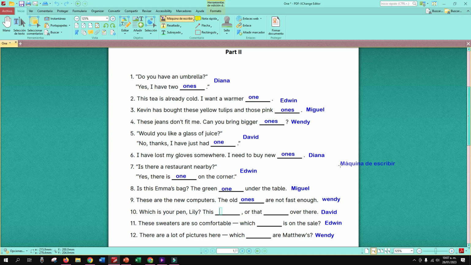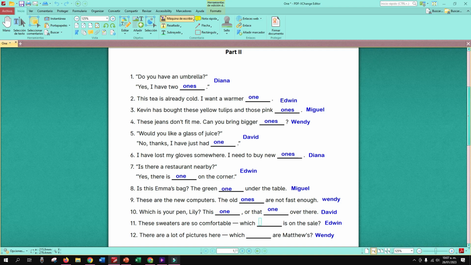Okay, teacher. Which is your favorite, Lily? This one or that one over there? Excellent. So you're talking about what? Which is your pen? You need to choose between one or the other one. Excellent. What about 11? Edwin again, please.